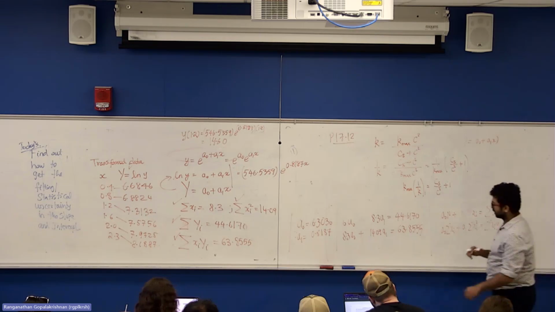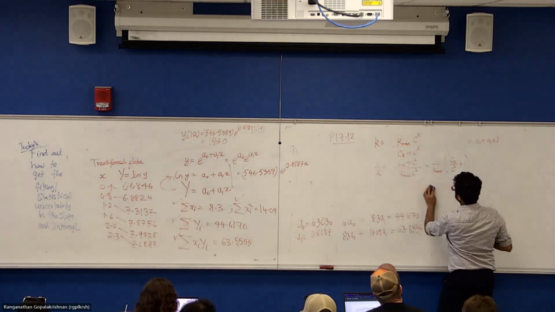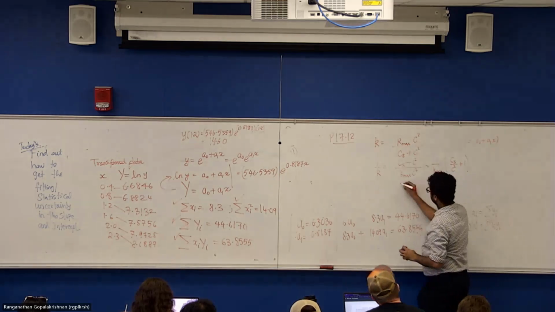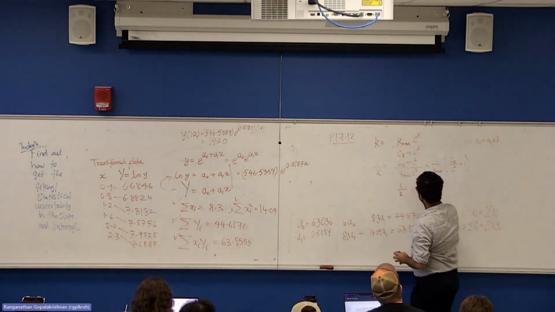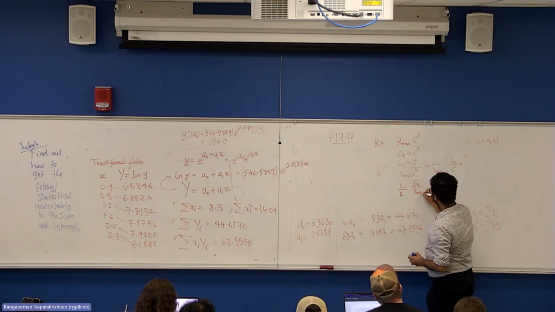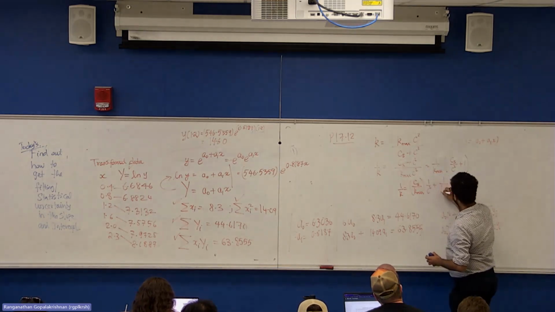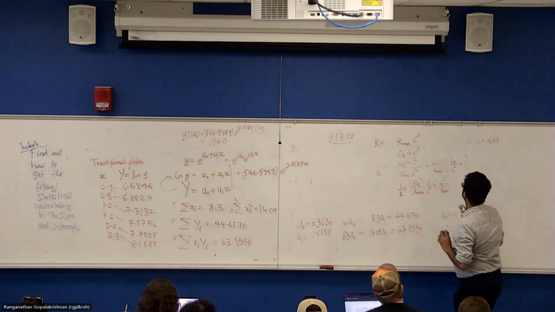Actually, no, sorry. What I will do is this: 1 over K equals CS over K max times 1 over C squared plus 1 over K max. That's it.